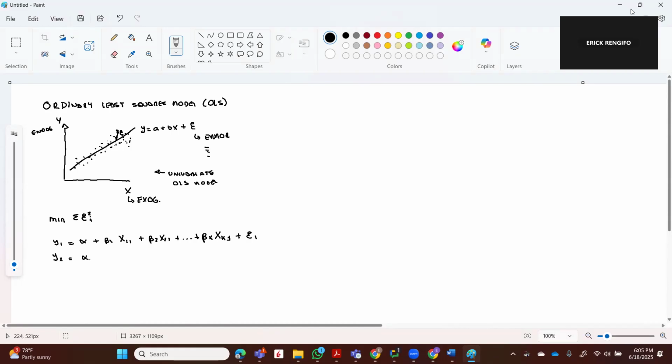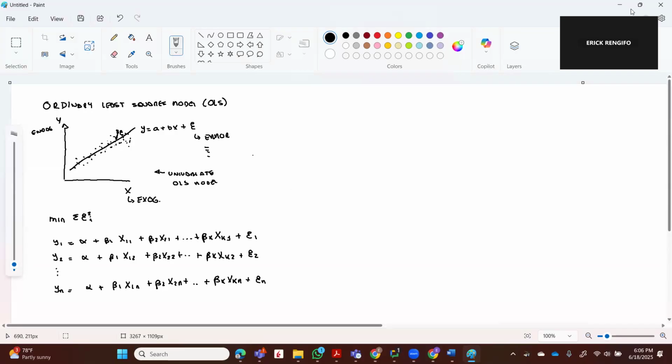The second line of observations is going to be alpha plus beta 1 x1 period 2, plus beta 2 x2 period 2, plus beta k xk period 2, plus my error period 2. So if we have n observations, this is going to look like alpha plus beta 1 x1 observation n plus beta 2 x2 observation n plus beta k xk observation n plus my error time n.